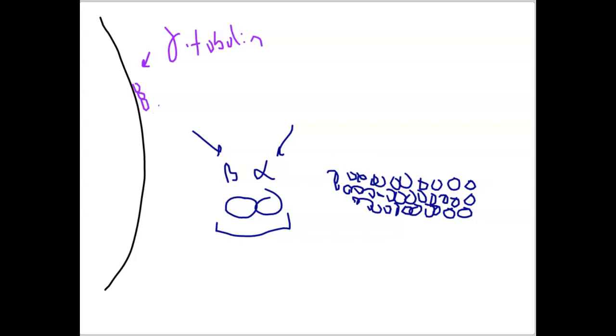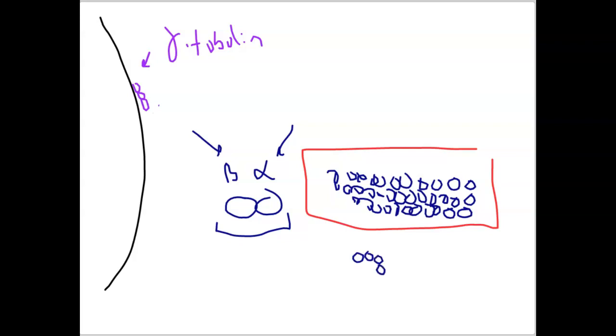But again, just as we said for gamma tubulin, imagine if we take this microtubule here and pull it out of the screen and rotate it 90 degrees, so now that we're looking down the barrel of it, that would look like a hollow cylinder or tube. I don't know if I have 13 drawn here, I wasn't counting, but each microtubule is made up of 13 protofilaments put together into one of these cylinders or tubes. So that's where we're ultimately heading in this narrative.